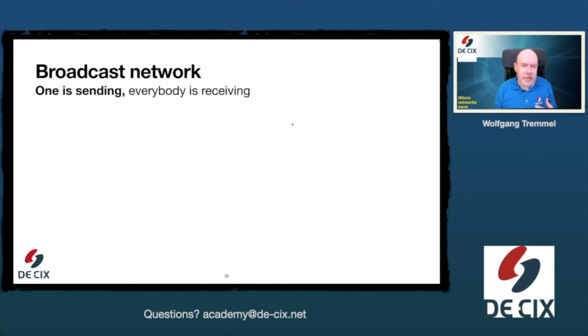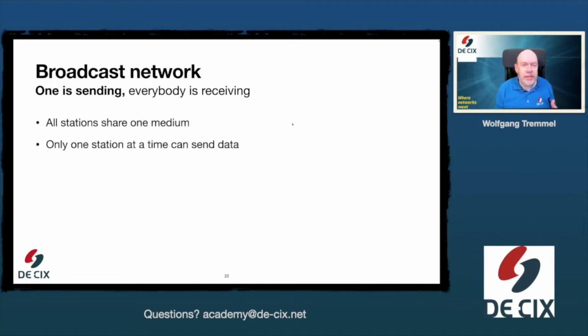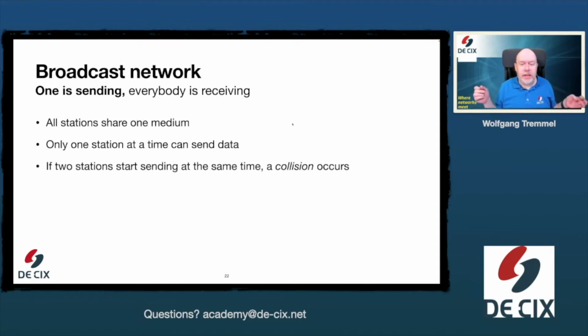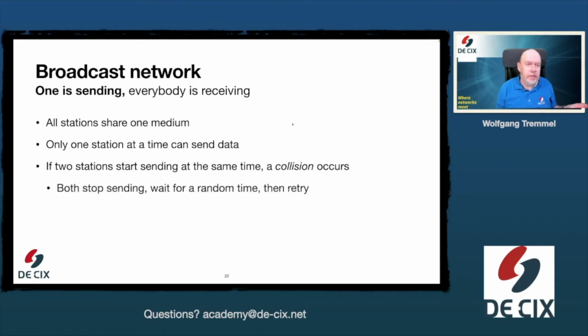Broadcast network means that one station is sending and everybody is receiving it. So all stations share one medium, and only one station at a time can send. If 2 stations send, a collision occurs, and that can be detected by the senders, and then they both stop and try again after a random amount of time.